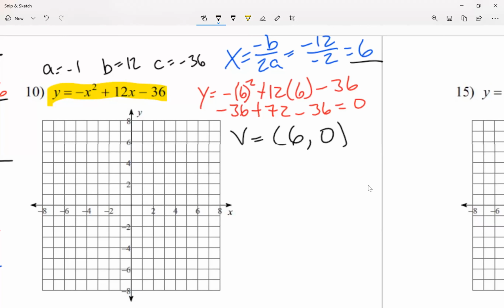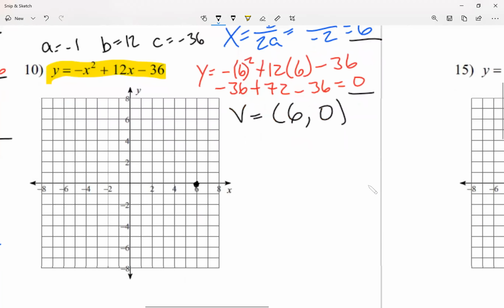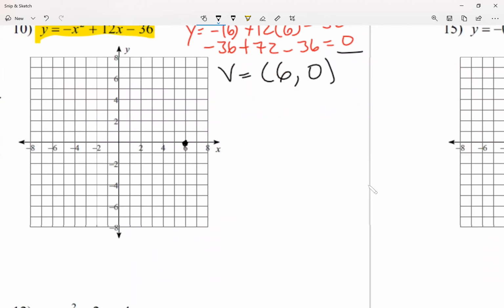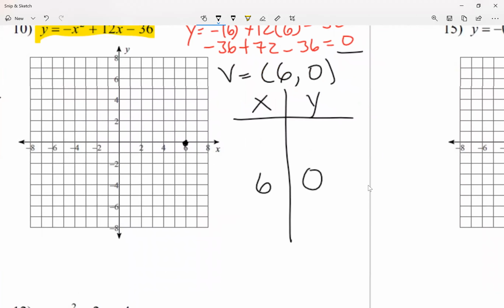Remember, there's my x value, there's my y value. So my point 6, 0 is right here. And I know this is going to open down. Okay, so I have a good idea. Now let me find other points. So I'm going to do a chart of x and y values, and I'm going to put my vertex in the center, 6, 0.